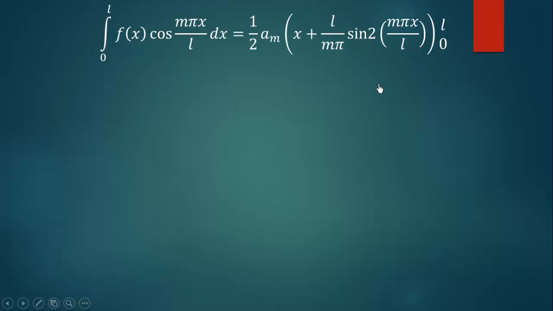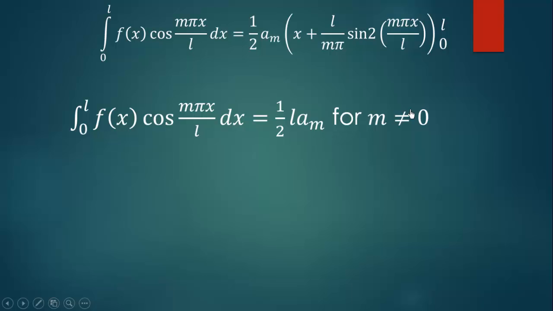Now let's do the substitution to get this result for m not equal to 0. If m is not equal to 0, we are going to get this expression for a sub n.